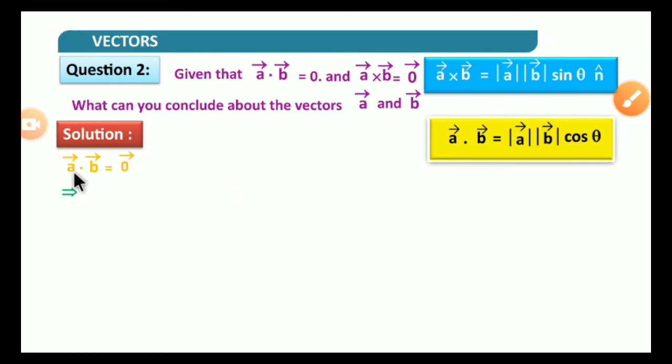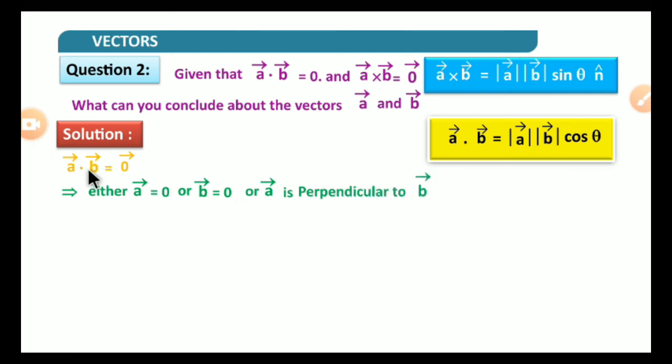So if we have a dot b equal to 0, then either a is the 0 vector or b is the 0 vector, or else a is perpendicular to b. Whenever the dot product is 0, we can consider a perpendicular to b, or a equal to 0 or b equal to 0.